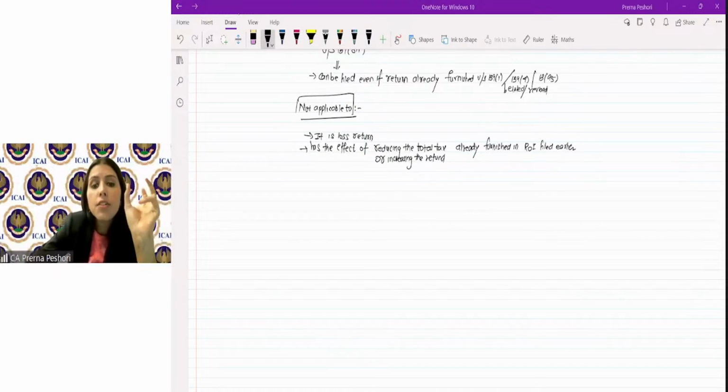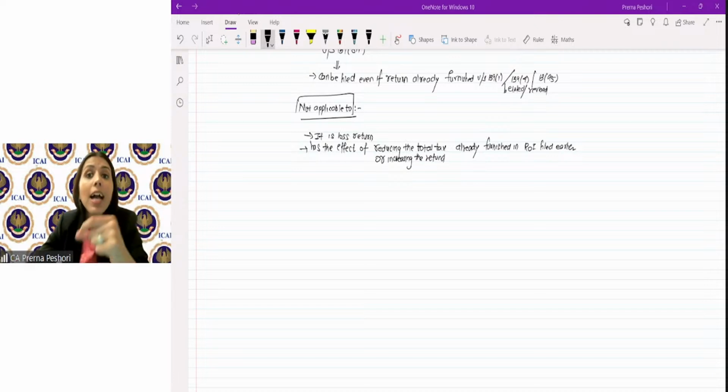Also, the updated return cannot be filed where search operations have been initiated or where a survey has been conducted on the assessee.